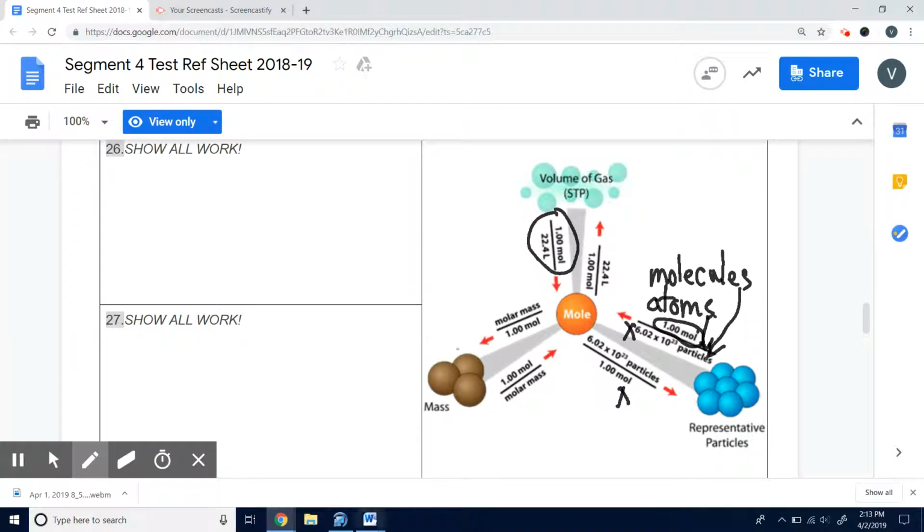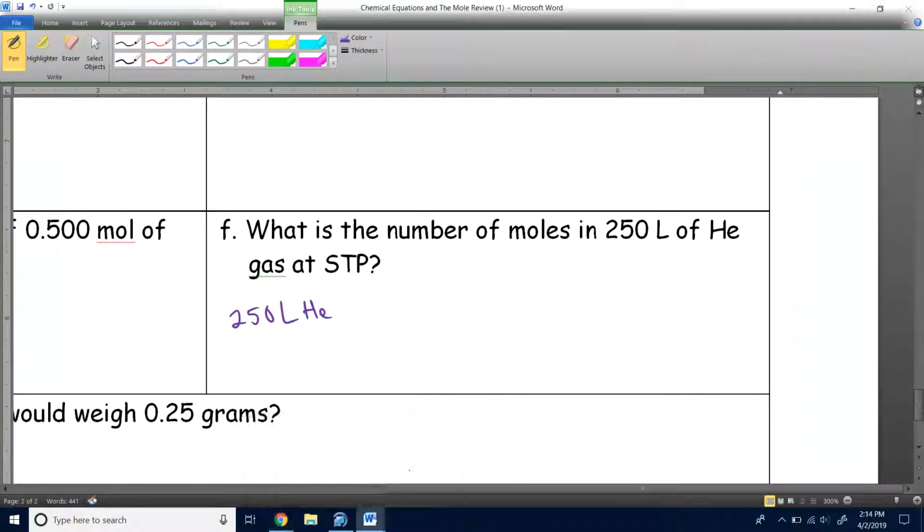because we want to go from liters to moles. It's asking for moles. So since we're looking for moles, we want moles to be on top. So 1 mole over the conversion factor, 22.4 liters. Remember, this is over 1.